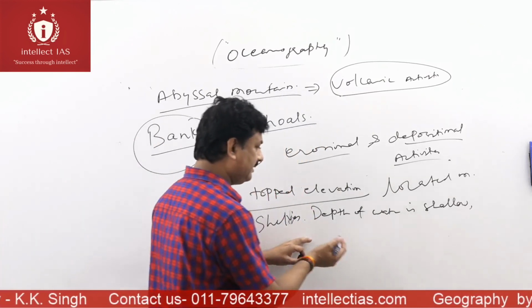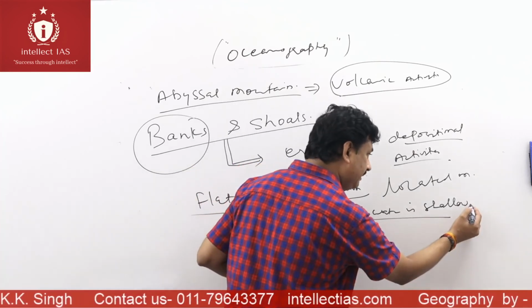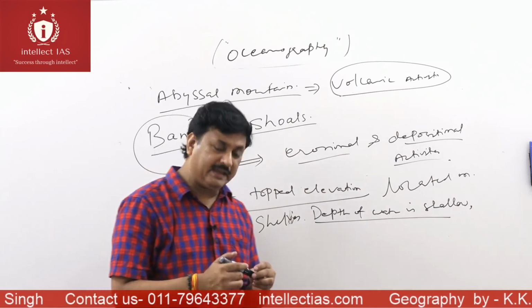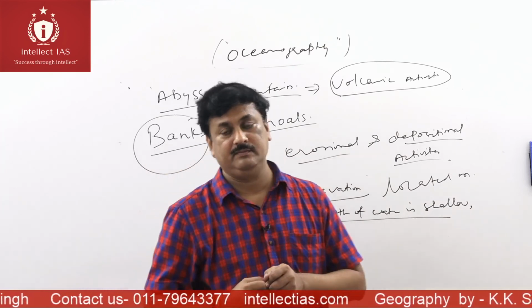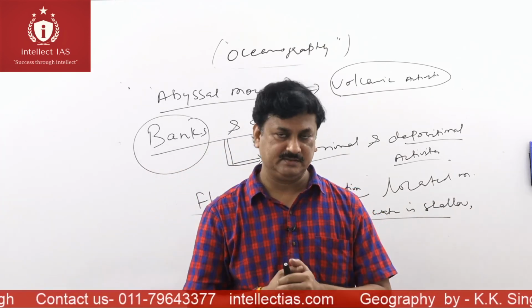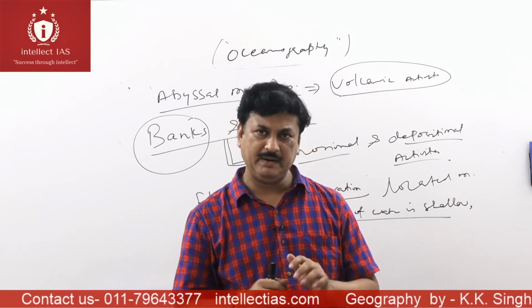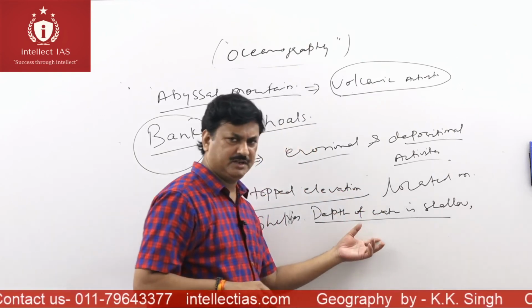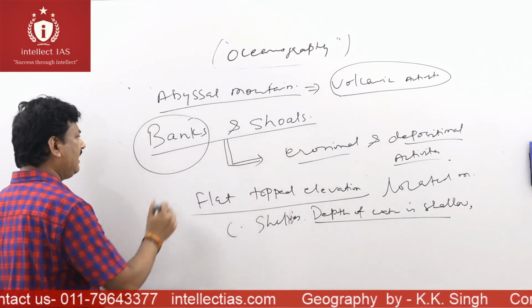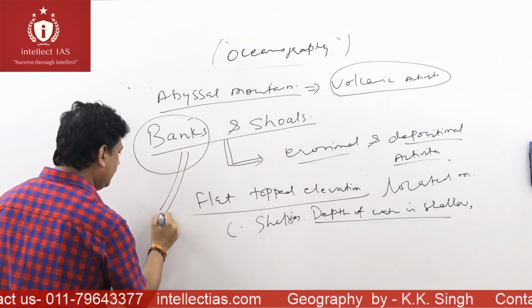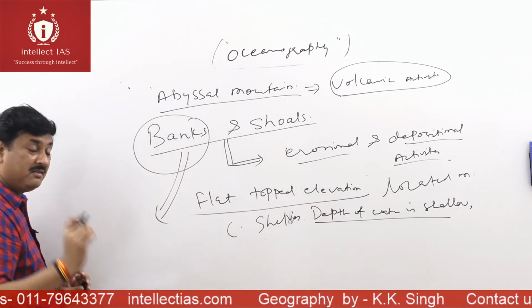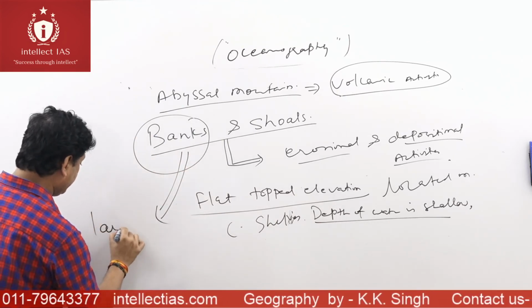Here the water is shallow, but the shallowness of water does not make any hurdle in navigation activities. Okay, but water is enough here for navigation. Okay, these banks are basically favorable for large scale fishing.